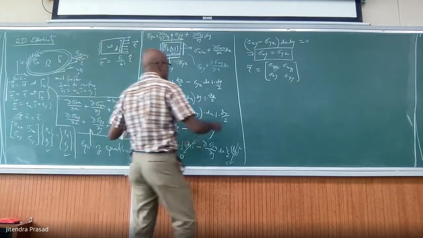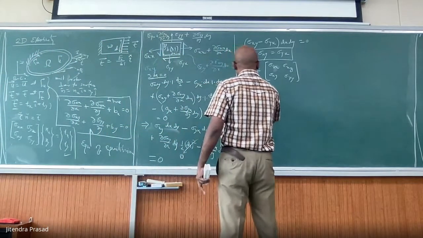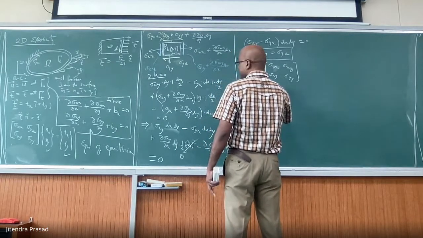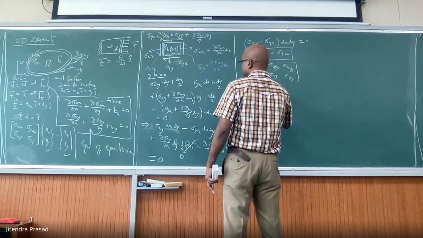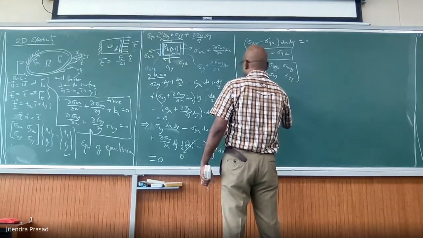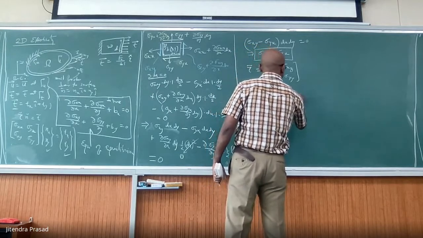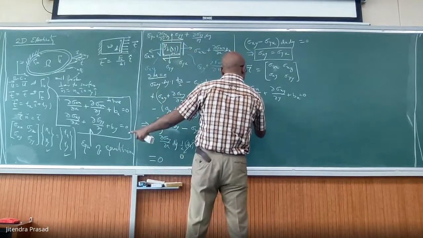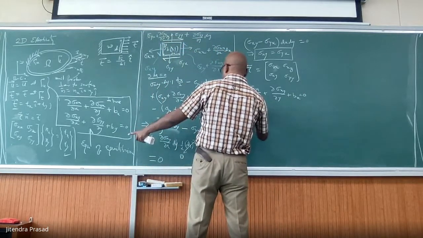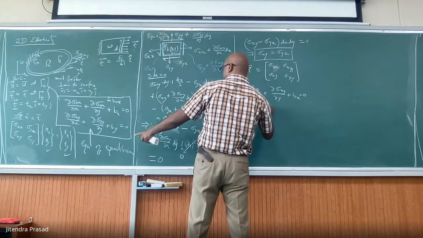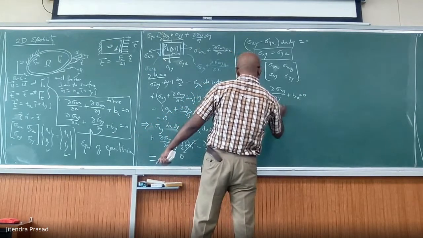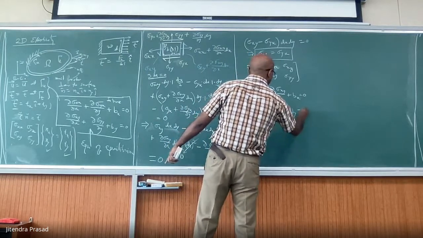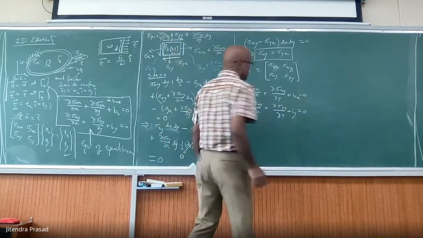This equation itself we can write as del sigma xx over del x plus del sigma xy over del y plus bx equal to 0. Then you can write del sigma xy over del x plus del sigma yy over del y plus by equal to 0, because both are the same.